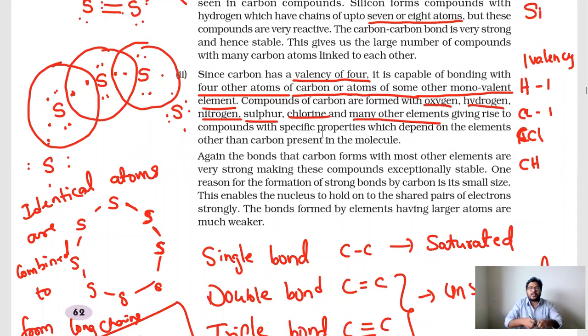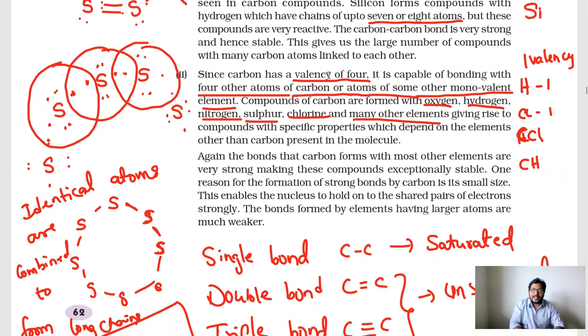Carbon's property will not come into the limelight. The properties of other elements like sulfur, nitrogen, chlorine will come up. And again, the bonds that carbon forms with most other elements are very strong, making the compounds exceptionally stable. One reason for the formation of strong bonds is carbon's small size. Because of the small size, carbon can bond with different elements.